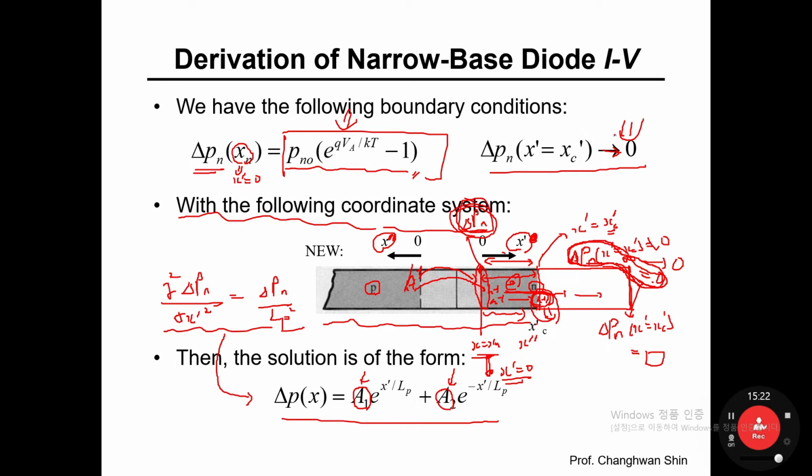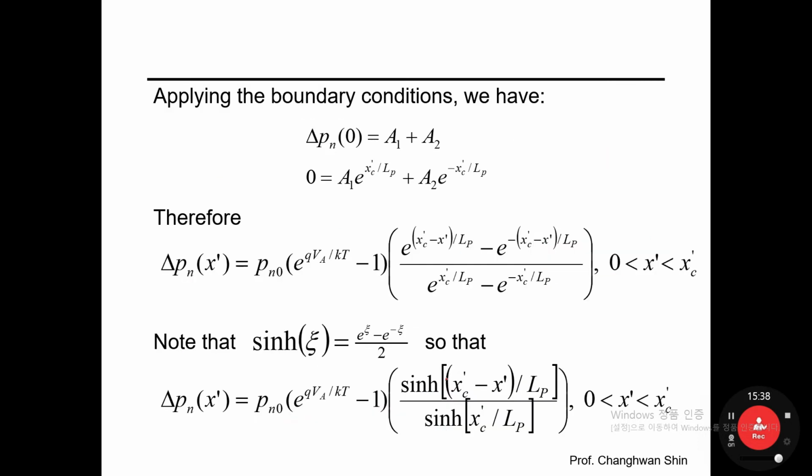So instead of infinity, we should plug in xc prime when we are determining this coefficient. Okay, so that would make our life much more complicated. So let's take a look at how complex it is.